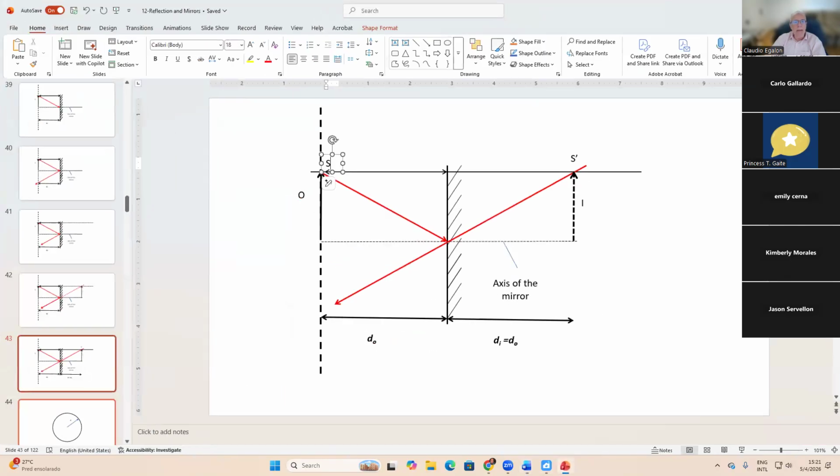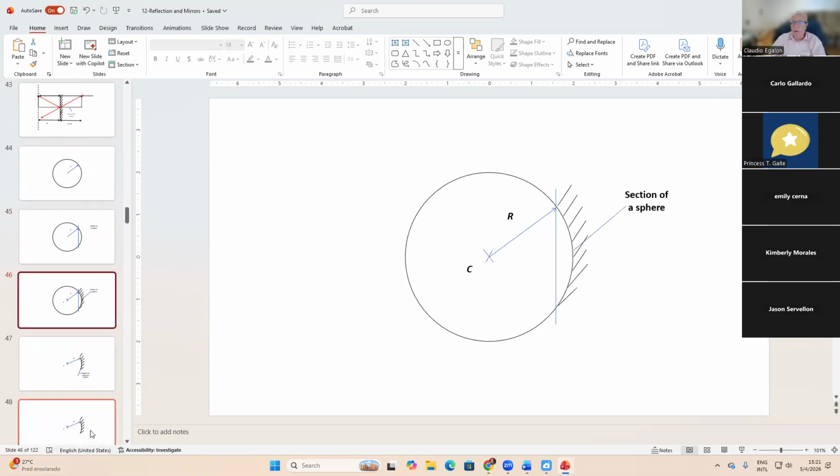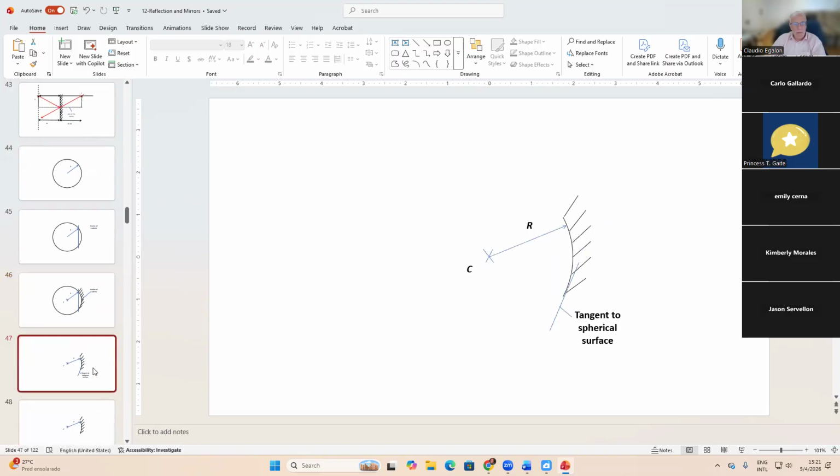That's what a spherical mirror looks like. You draw a spherical surface of radius r. You cut a section of this sphere, and you form the surface of a spherical mirror. There are techniques that allow you to do that. I used to build spherical mirrors, by the way.